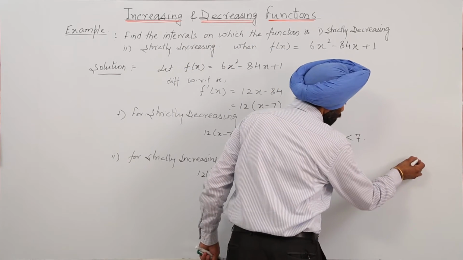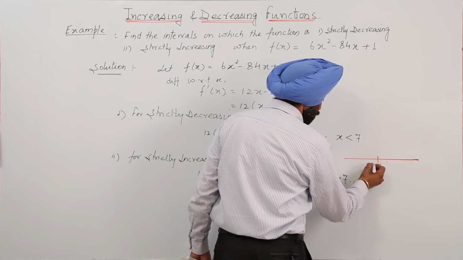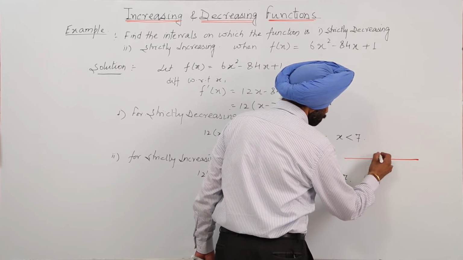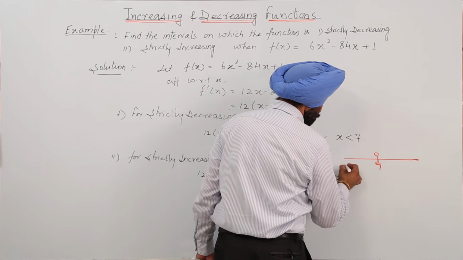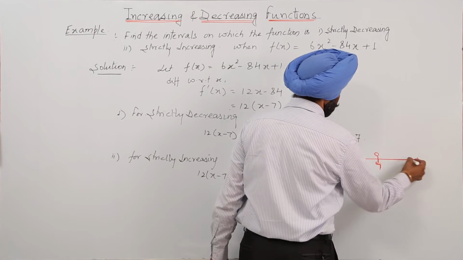Now, can we move to this part? Just look at it. Suppose here it is 7. Now, less than 7, we are moving towards this part, less than 7 to negative infinity, and here to positive infinity.